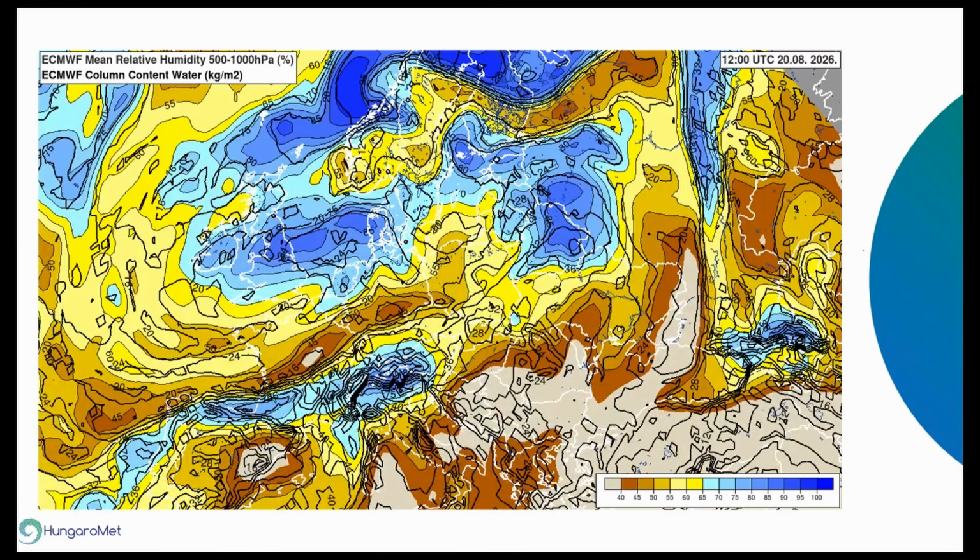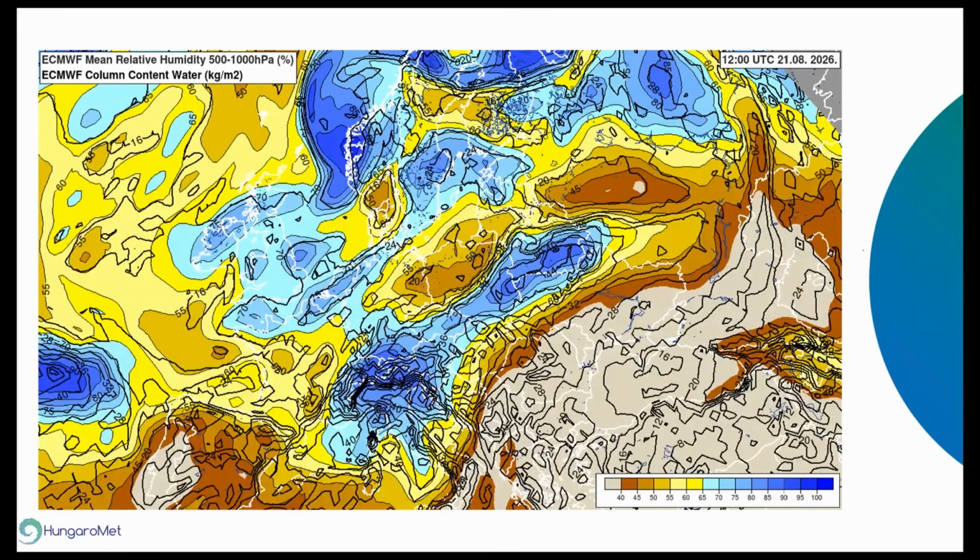Tomorrow, we can see that it will be over the northern areas and the southeast, the Mediterranean part of Europe. Two days from now, it is still likely to be a mixture. Towards the west, we will see a more humid air mass, but towards the east, it will stay relatively dry compared to the rest of the continent.